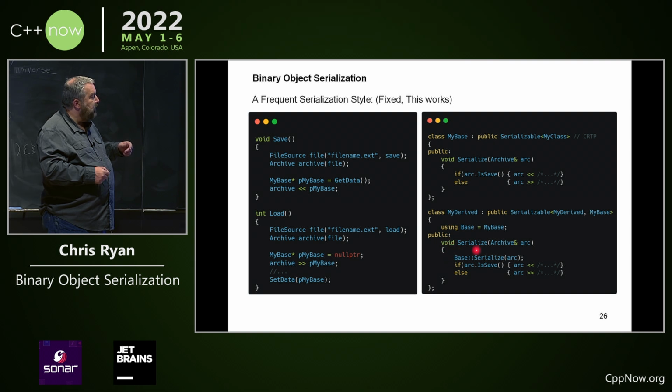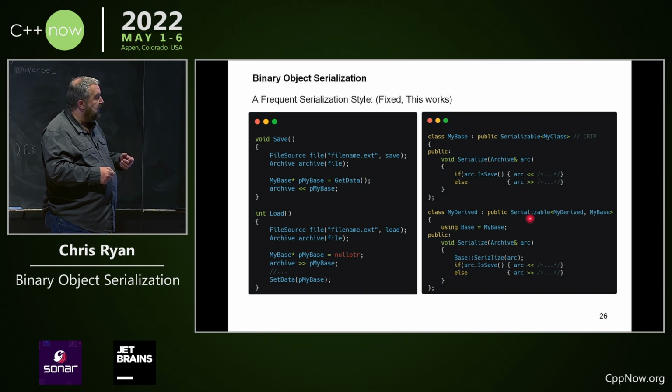Because virtual calls the furthest derived serialize, the first thing I do is drill down and serialize in the base members. So most of my classes, I put a using base, and this actually should say, not my base, it should just say serializable. Because between this class and this class, there's actually a layer of a CRTP class, or a template.